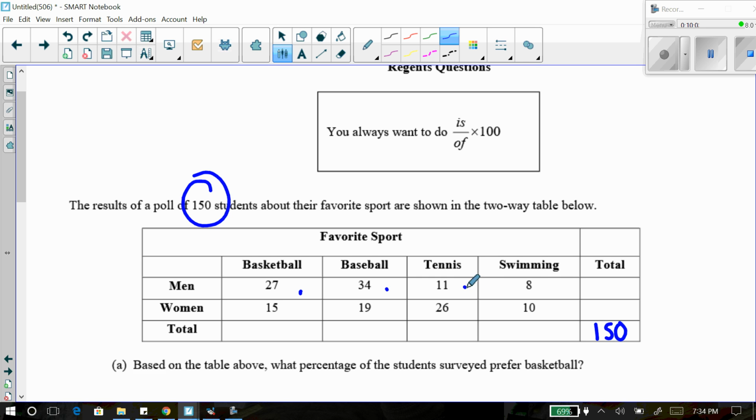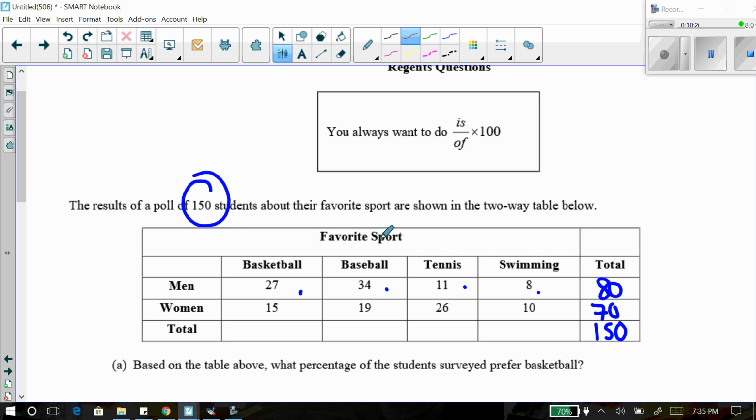I want to add up the men. 27, 34, 11, and 8 adds up to 80. And 15, 19, 26, and 10 would add up to 70.